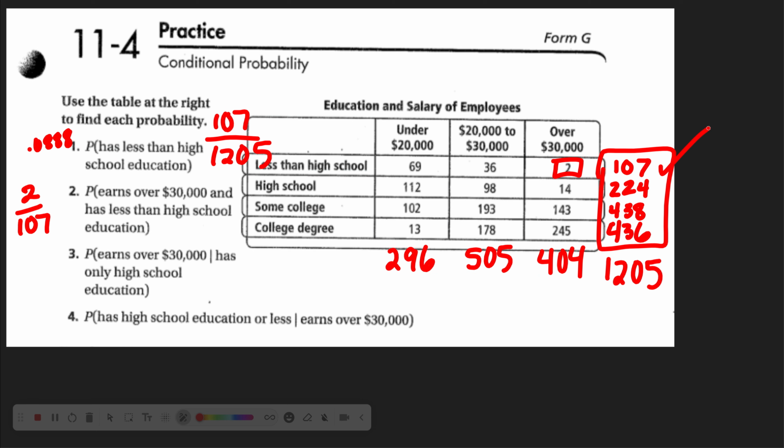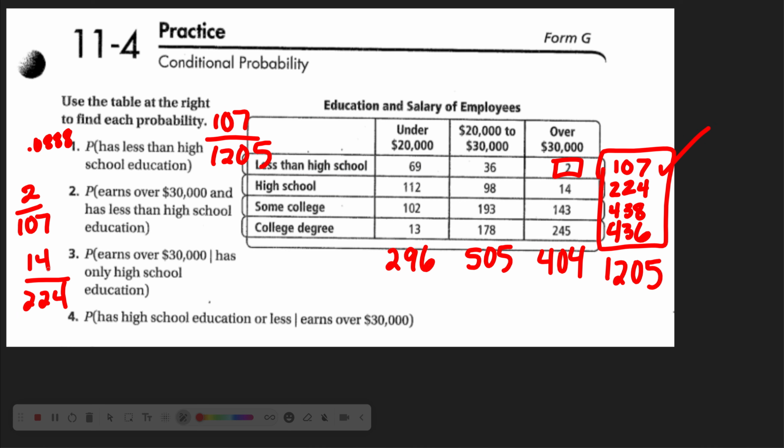So it's 2 out of 107. What's the probability that someone earns over 30 grand if we know they only have a high school education? How many people have a high school education? 224. How many of those 224 people earn over 30,000? 14.